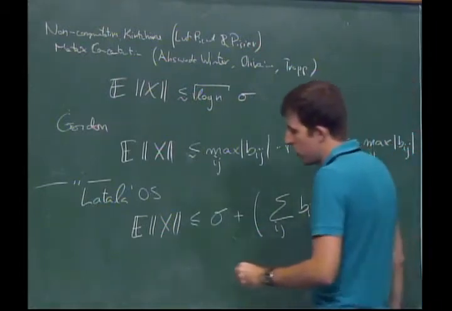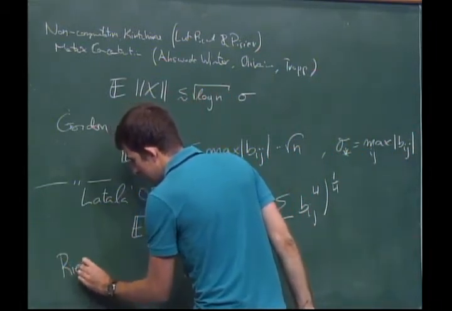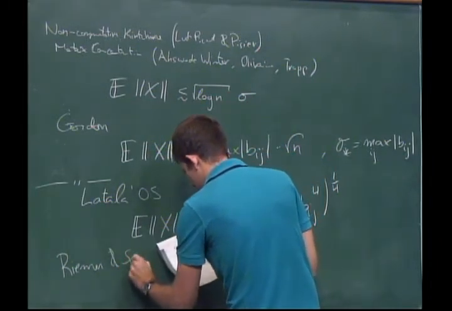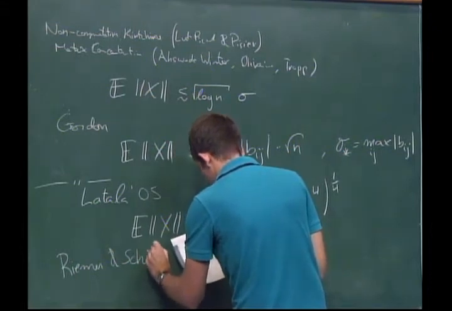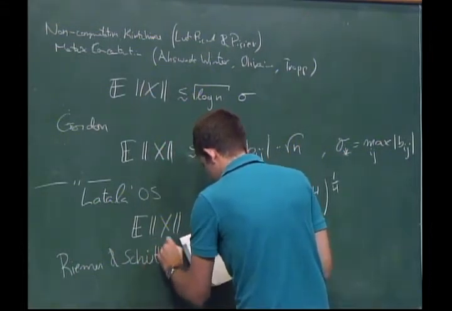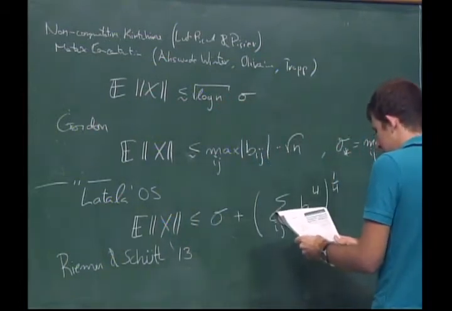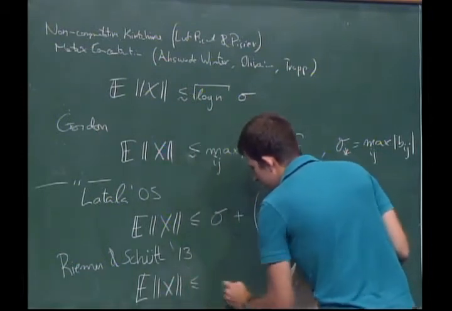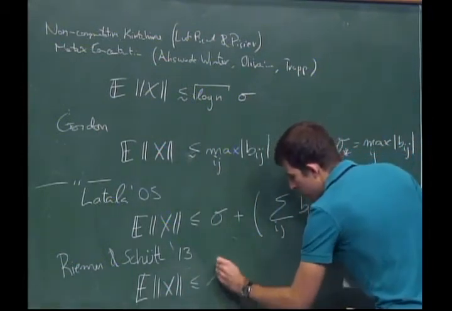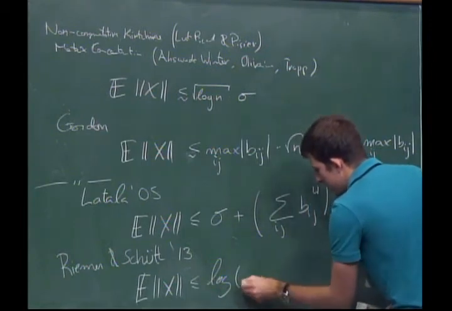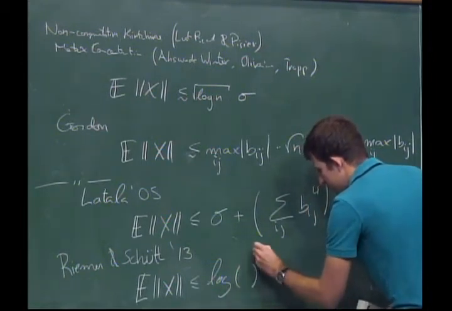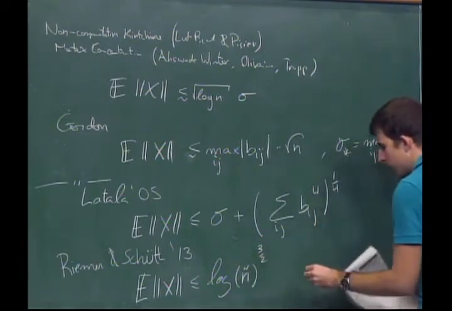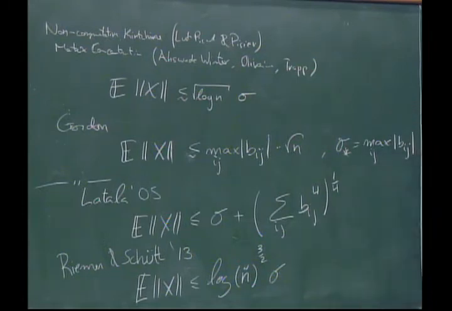There's also one by Riemer and Schütt, from 2013. What it says essentially is that this is smaller or equal than log of something that I'll describe, let me call it n tilde, times sigma, where n tilde is some sort of intrinsic dimension.